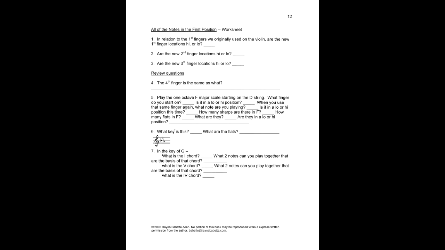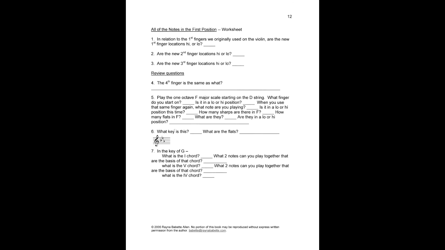Now question 5 has several parts, and it's asking you to play the 1 octave F major scale starting on the D string. So I suggest that you pause this video right now, get your violin or your mandolin, and play the 1 octave F major scale starting on the D string.